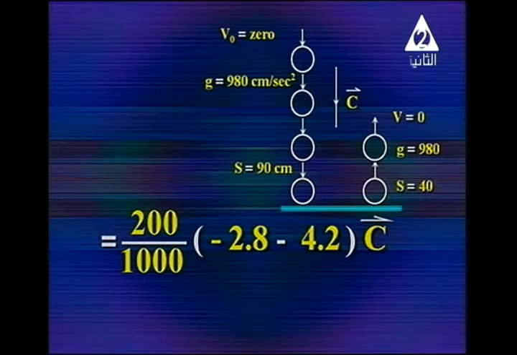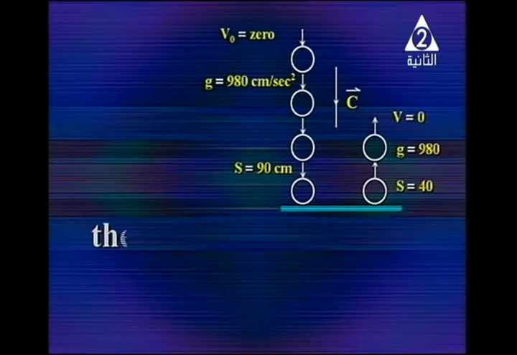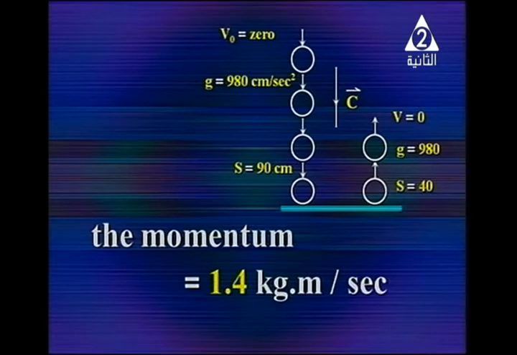V2 is negative 2.8, V1 is 4.2 in C direction, which equals negative 1.4 C direction. This is the change of momentum. The magnitude of the change of momentum is 1.4 kilogram meter per second.